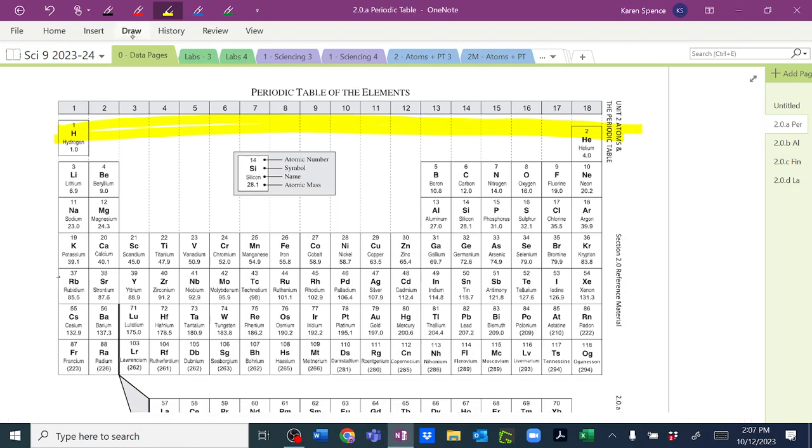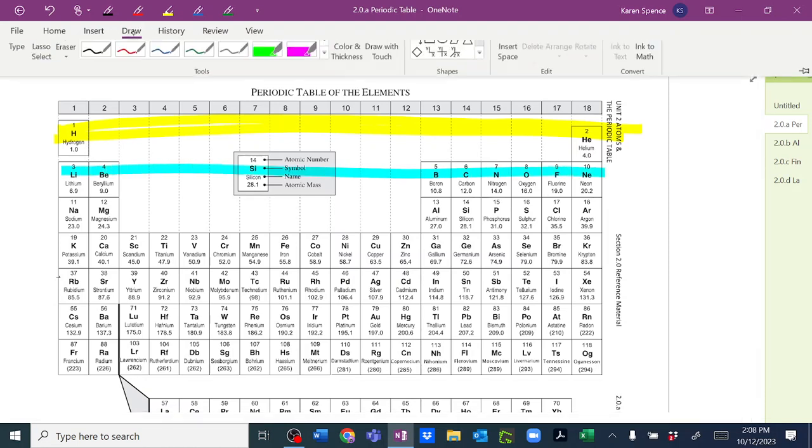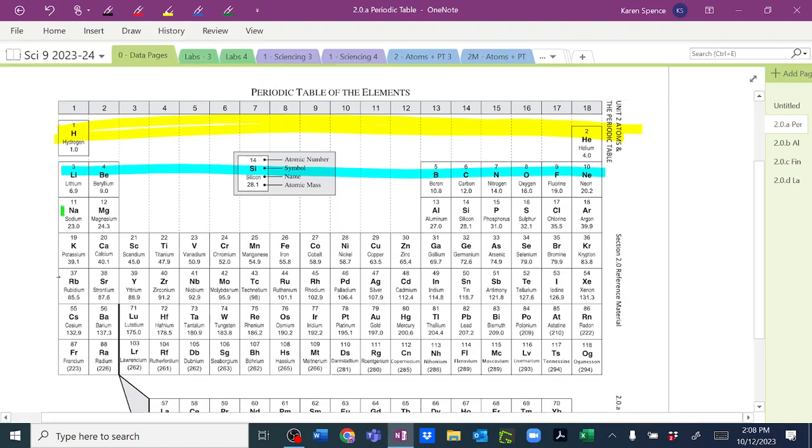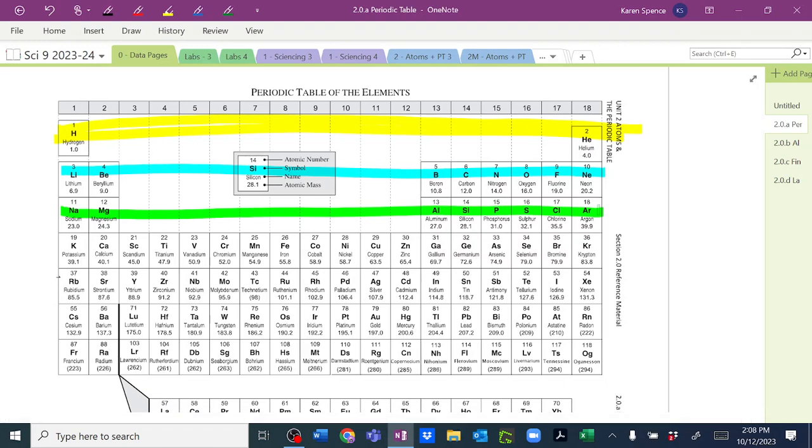How many elements are in the second row of the periodic table? 8. And how many are in the third row of the periodic table? 8. Okay, so 2 maximum in the first shell, 8 maximum in the second shell, 8 maximum in the third shell.